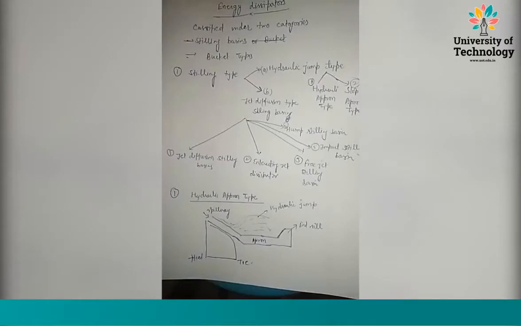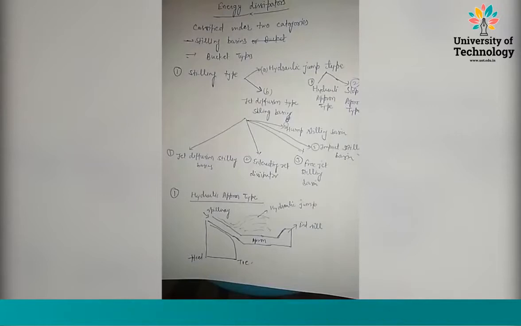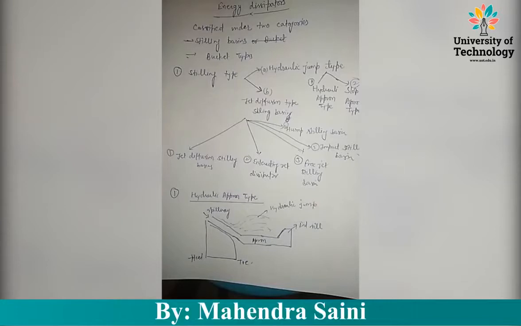Hello students. So in this part of the video we will study energy dissipators, different types of energy dissipators. First of all, what is the meaning of energy dissipators, what is the use of these energy dissipators?